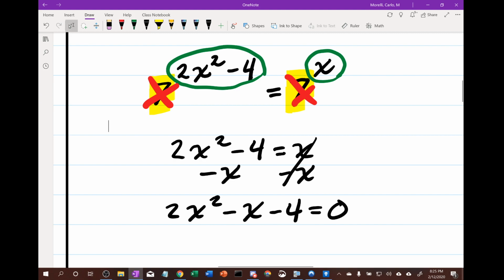And then what I've told you guys to do at this point is, instead of trying to factor this by yourself, I don't even know if it's possible to factor it without doing a lot of work. It would be 2 times -4, which is -8, so I would need two numbers that add to -1 and multiply to -8. I don't think I could think of them. So let's just go to Desmos and put in 2x squared minus x minus 4 and get the answer.